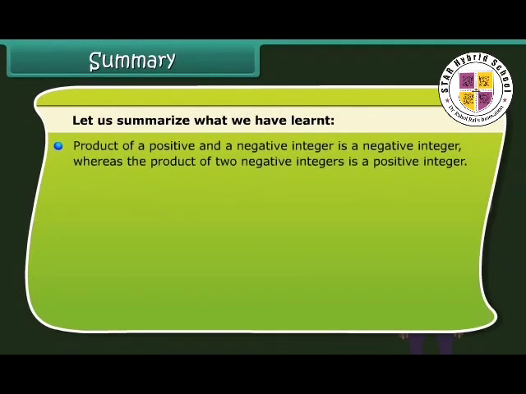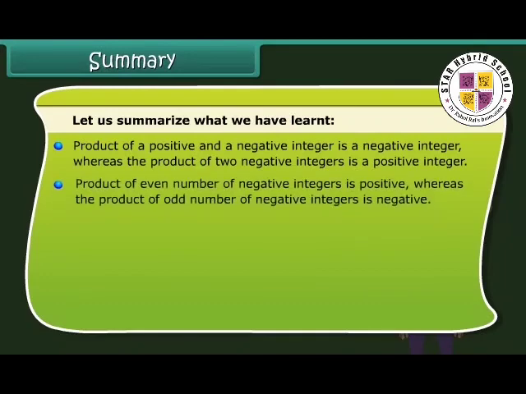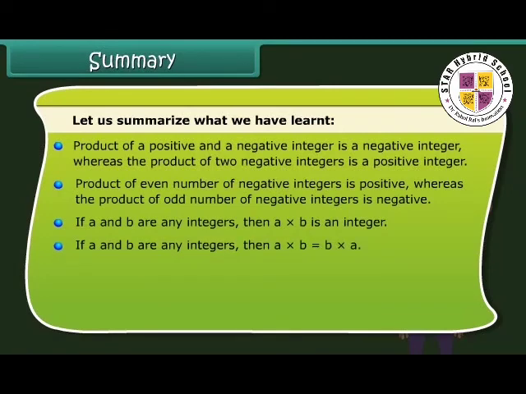Product of a positive and a negative integer is a negative integer, whereas the product of two negative integers is a positive integer. Product of an even number of negative integers is positive, whereas the product of an odd number of negative integers is negative. If a and b are any integers, then a into b is an integer and a into b is equal to b into a.